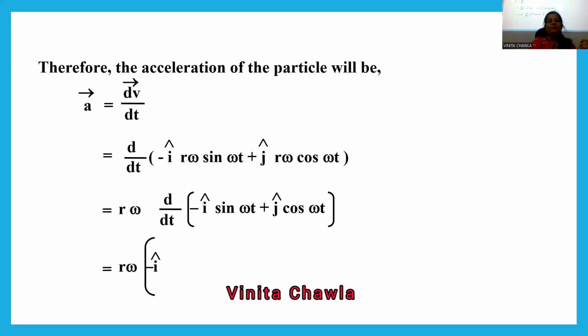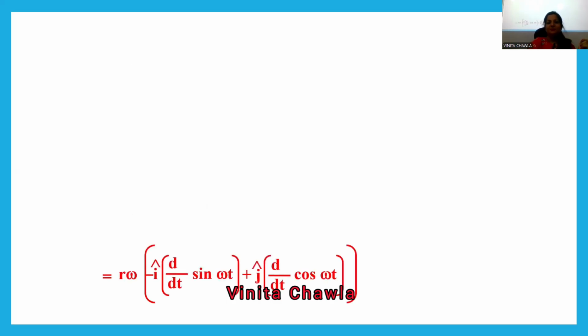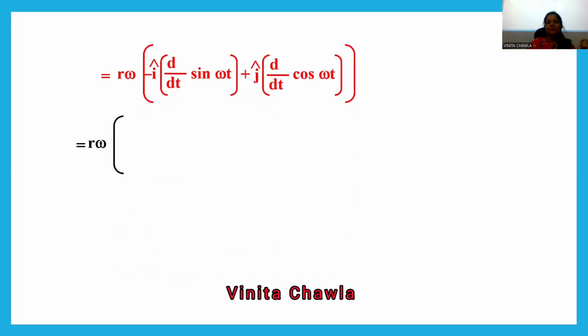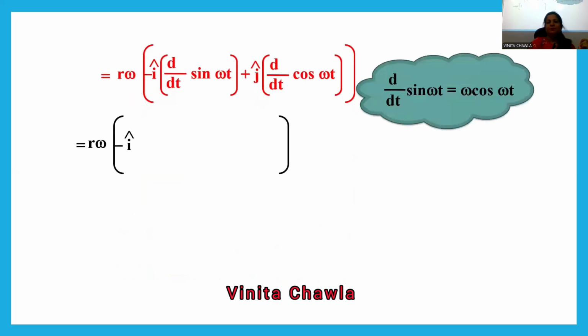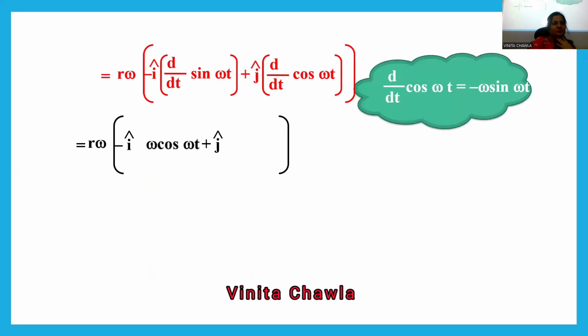अब when we differentiate sin ωt, what do we get? Omega cos ωt। Omega cos ωt, yes। Put this value here, plus j cap, and when we differentiate cos ωt, then yes, minus omega sin ωt, we're going to put this value here.